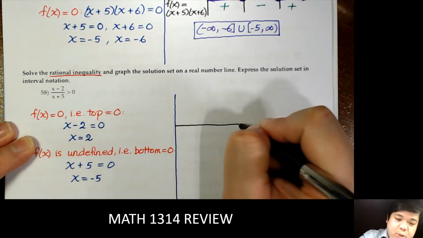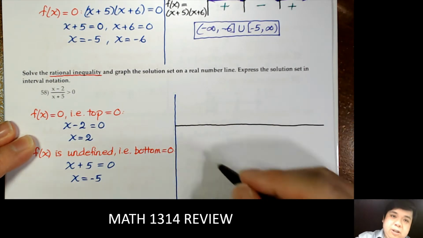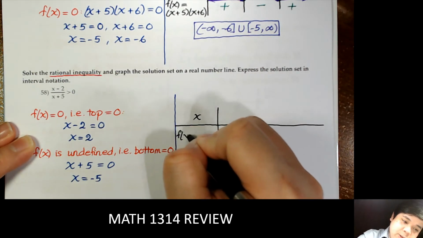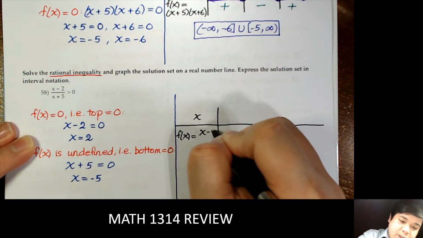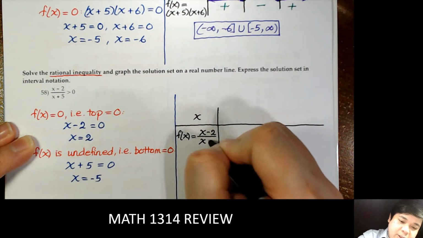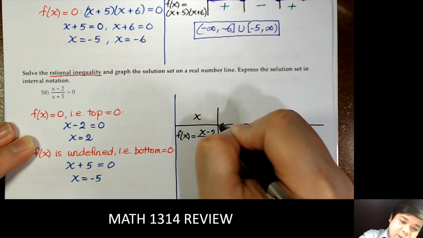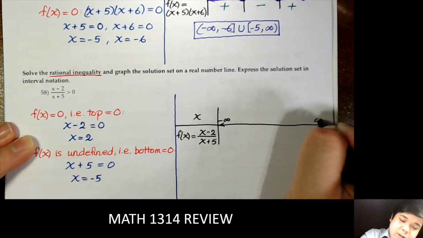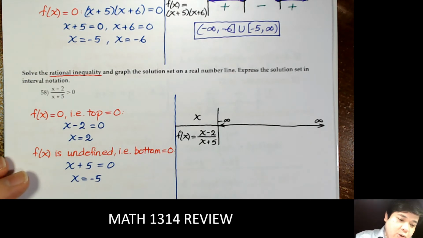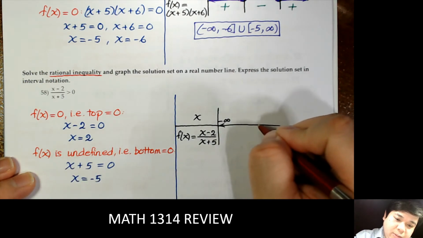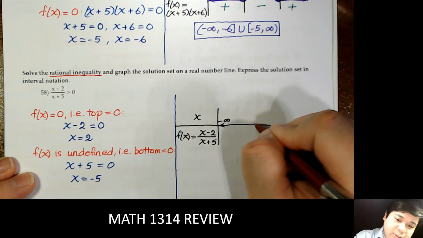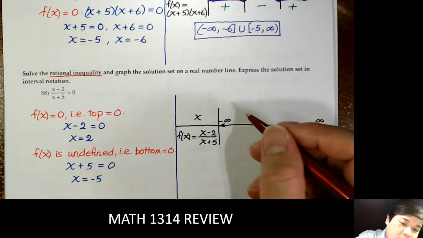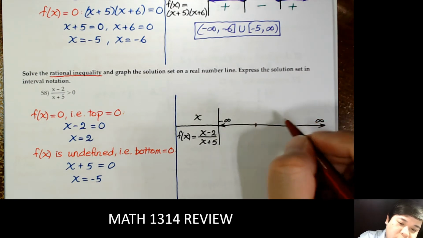Therefore, we can put on the sign chart x minus 2, x plus 5. Right. So the top equal to 0 is when x equal to 2, and the bottom equal to 0 when x equal to negative 5.